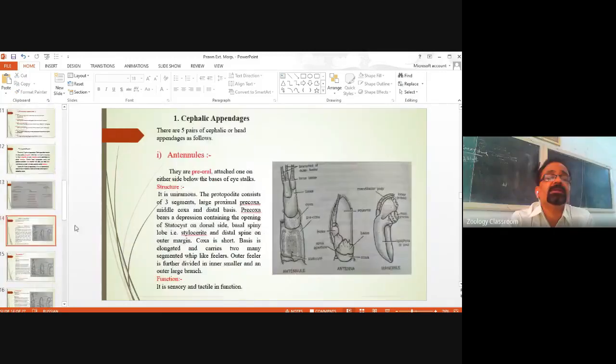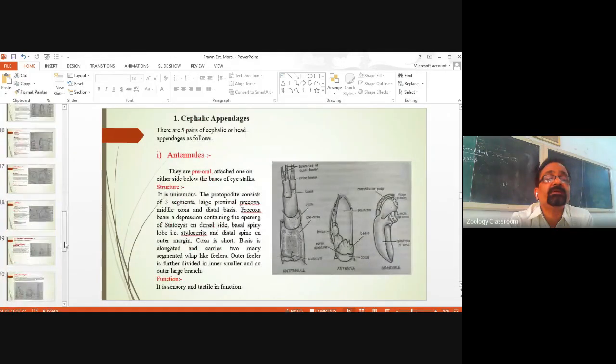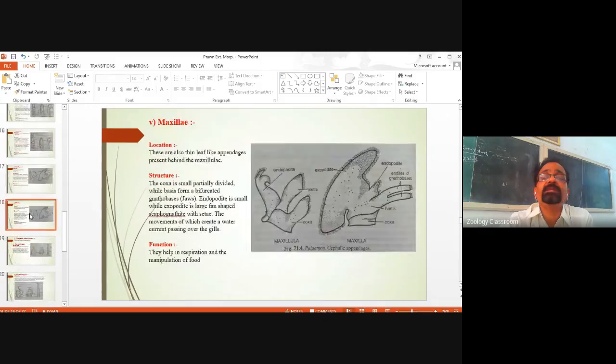Okay. Now let's come to the point again. We are dealing with the maxillula. We have finished the mandible, and now we are talking about the maxilla. Yes, they are also leaf-like, these maxilluli and maxilla. The pronunciation is the same, but there is a bit of difference, as in the case of antennules and antennule.